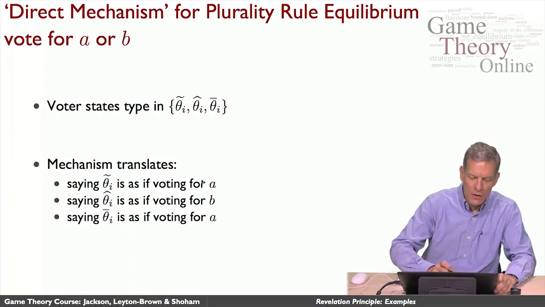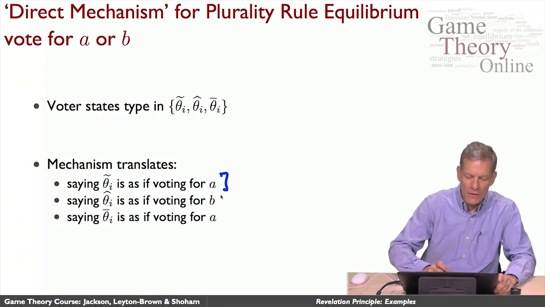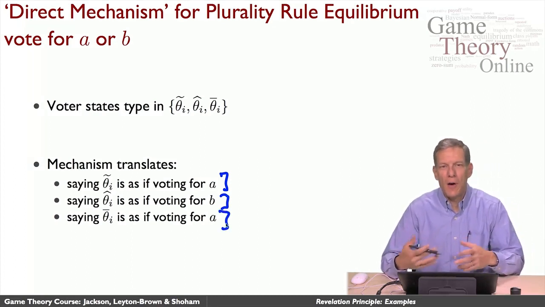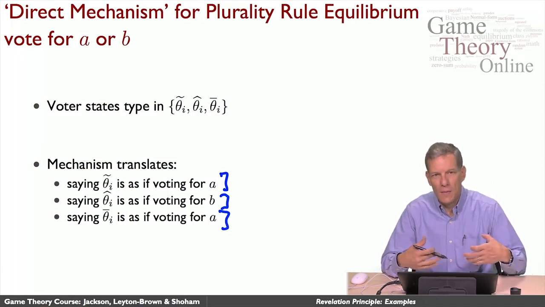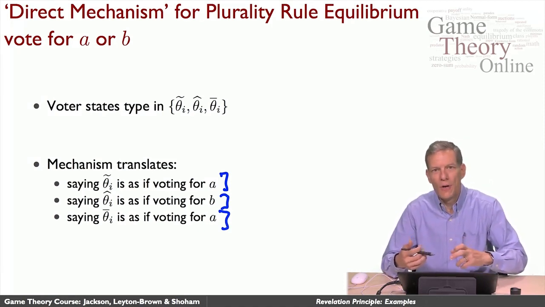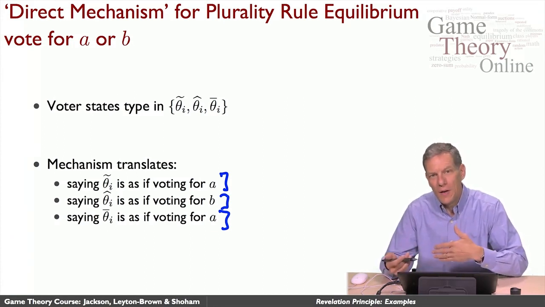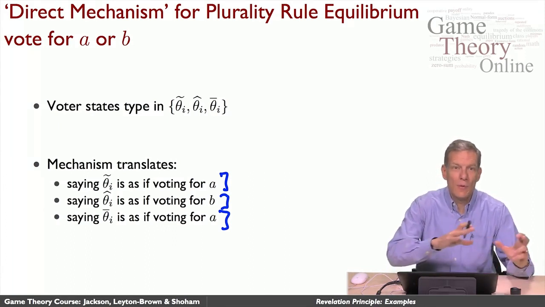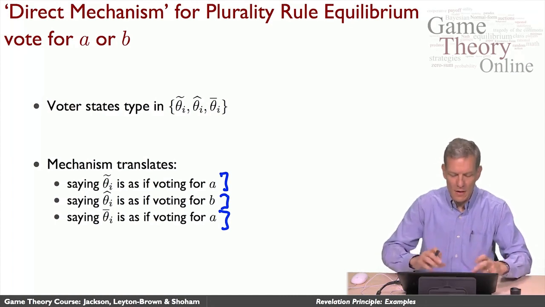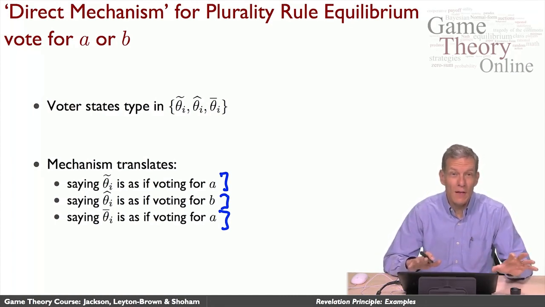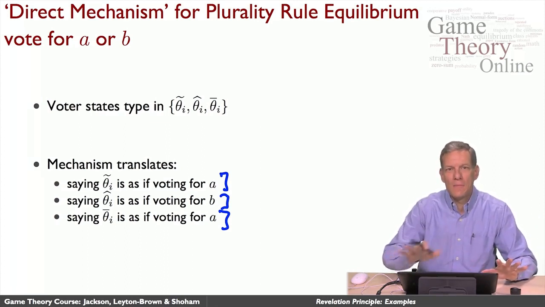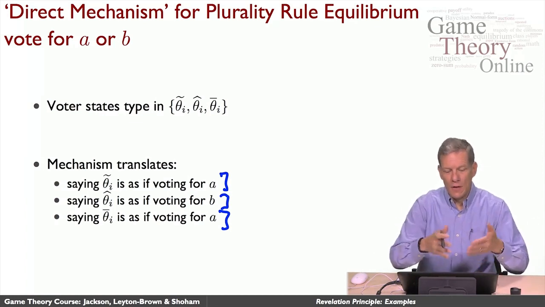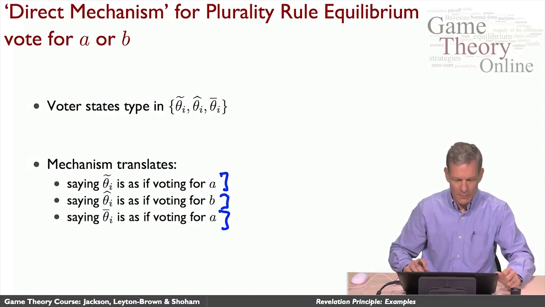So theta tilde is as if you're voting for A, theta hat is as if you're voting for B, theta bar is as if you're voting for A, and then it'll count up how many theta tildes it gets, how many theta hats it gets, how many theta bars it gets, and if the majority of votes was for B, the outcome will be B. If it was for A, it picks A. And now, again, since that was an equilibrium in the indirect mechanism, this is an equilibrium of the direct mechanism. Now we see that taking that same mechanism that we started with, we have a different direct mechanism for each equilibrium that we had in the indirect mechanism in order to make sure that things are incentive compatible.